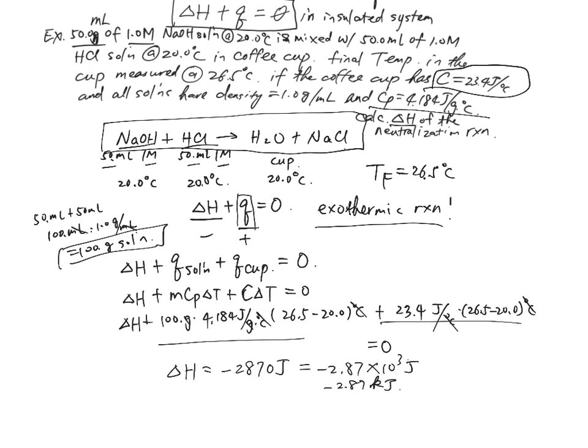Now, we talked about this being an exothermic reaction, and we ended up getting a negative result for delta H, which is perfectly sound, perfectly reasonable.